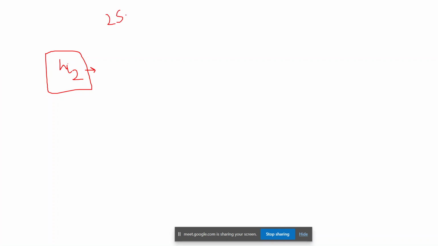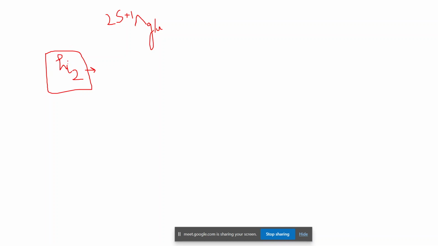Like we generally represent it by 2S plus 1, lambda, g slash u, in this manner. So for lithium, just tell me what will be the ground state term symbol. We have done this in our previous sessions.